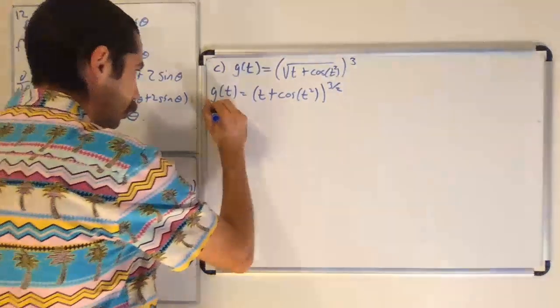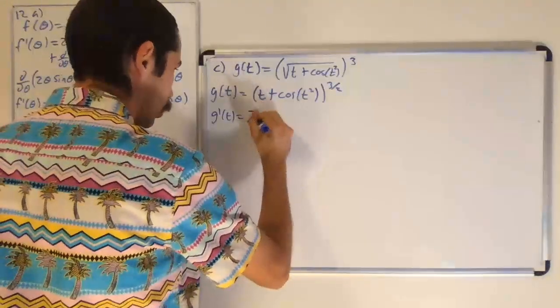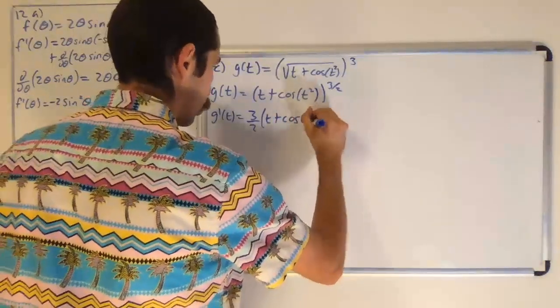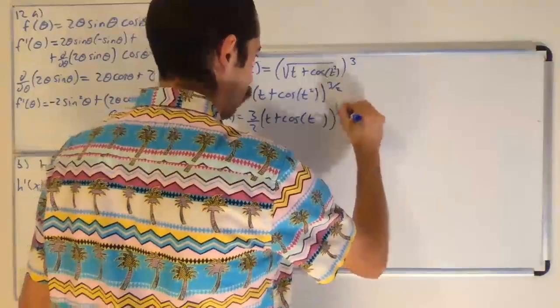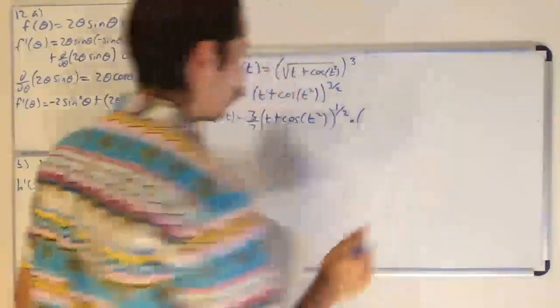So g prime is bring the power in front, keep the inside the same, drop the power by 1, and then multiply by the derivative of the inside. What's the derivative of the inside?